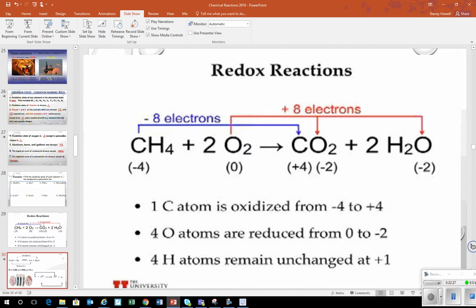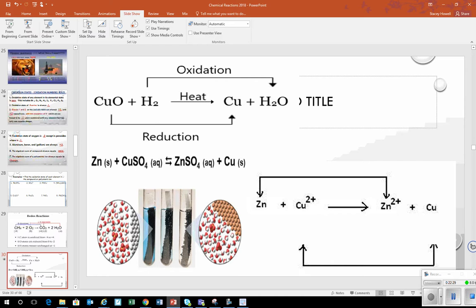So as we go on to this next one, we're actually going to identify the charges as we go. First thing you want to do in any equation is write down the ones you know for sure. So oxygen's a -2, any element by itself is 0, hydrogen's a +1, and oxygen's a -2. That leaves me just one that I don't know. I don't really have to do a math equation for this one, right?